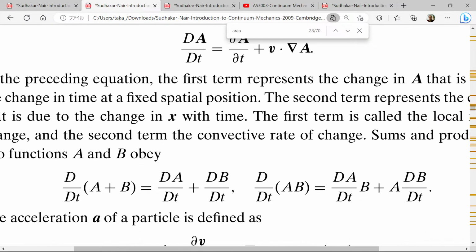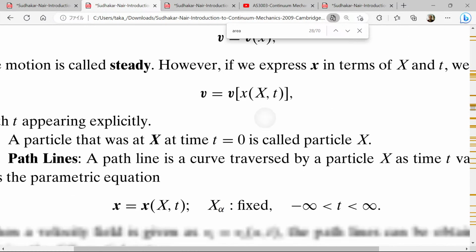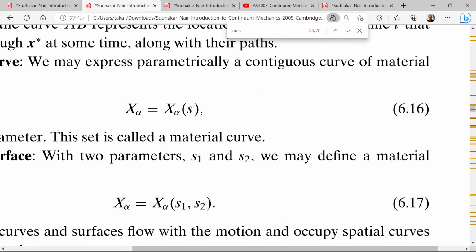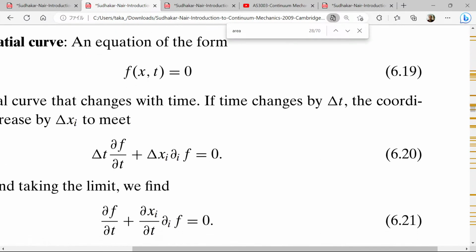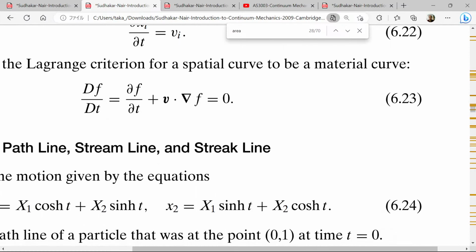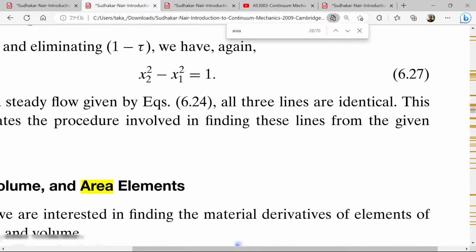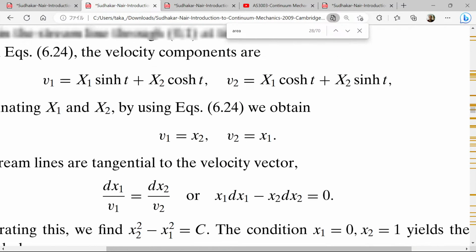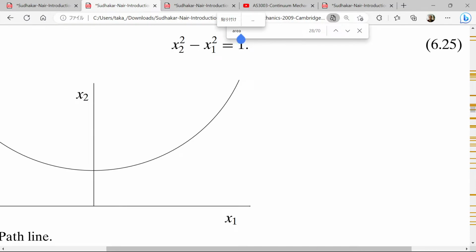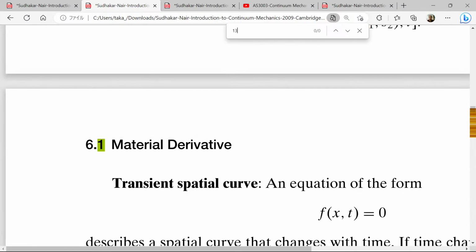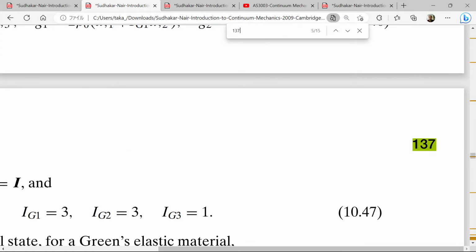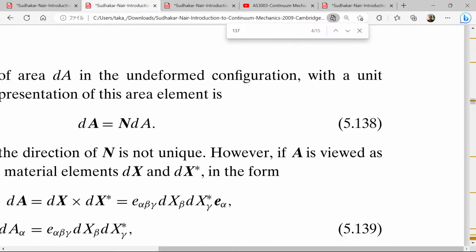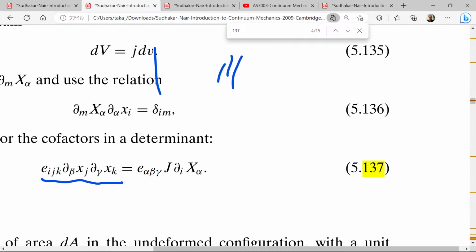I think we did it somewhere, dJ/dt. This is not dJ/dt.